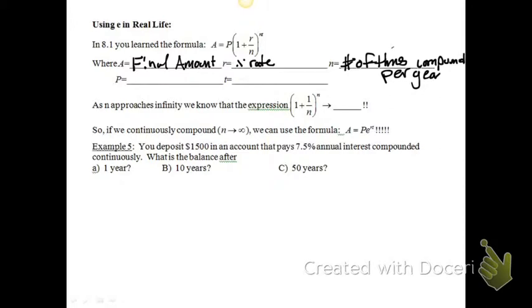P is our principal, our starting amount, right? And t is our time in years.